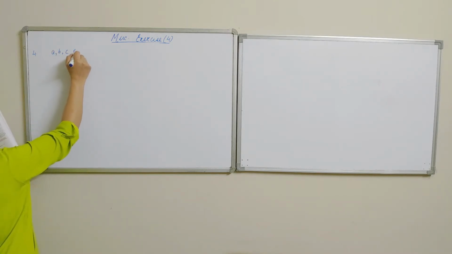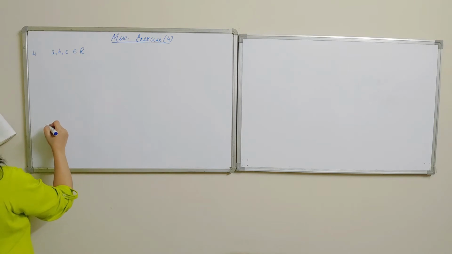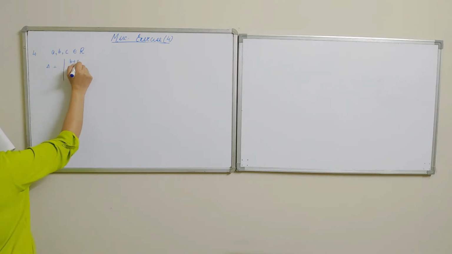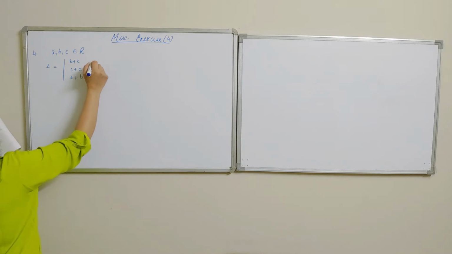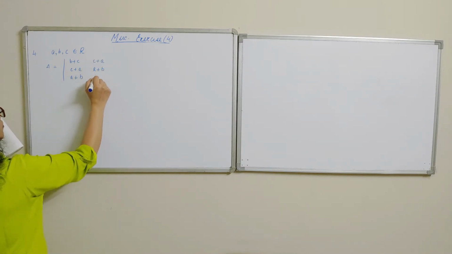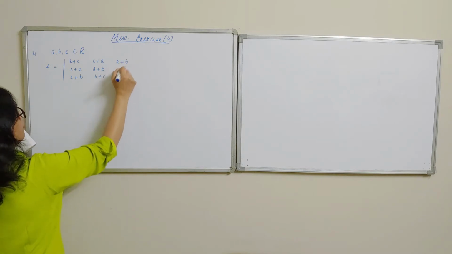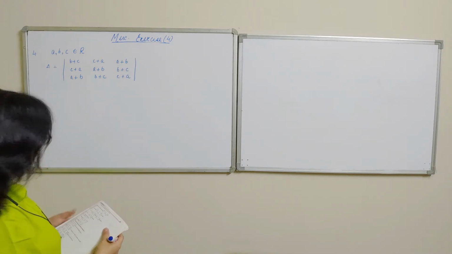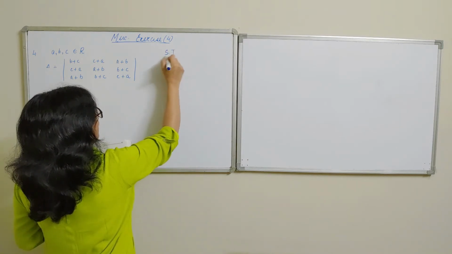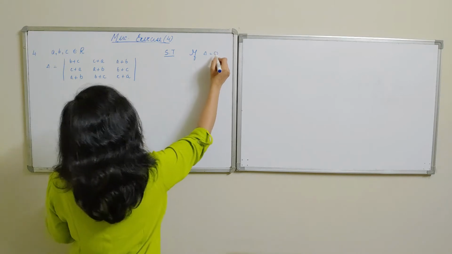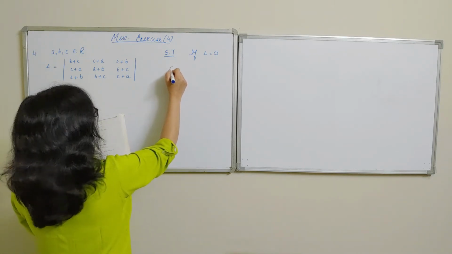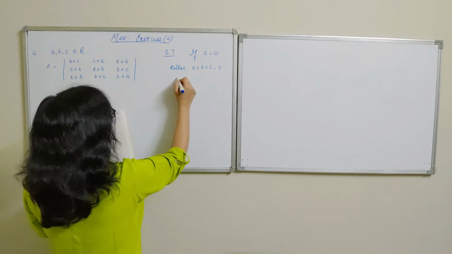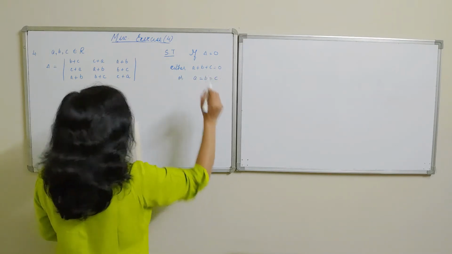So we are given constants a, b, c are real numbers, and we have to find the factors of this determinant and show that if the determinant is 0, then either a plus b plus c is 0 or a is equal to b is equal to c.